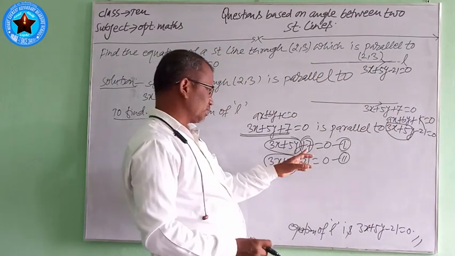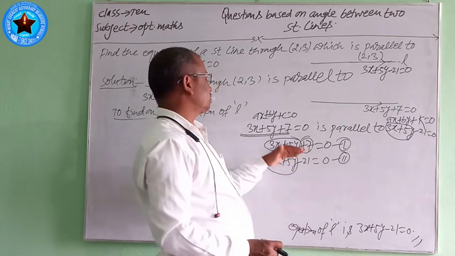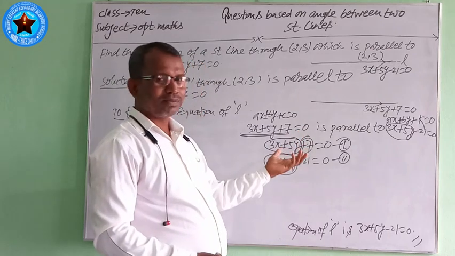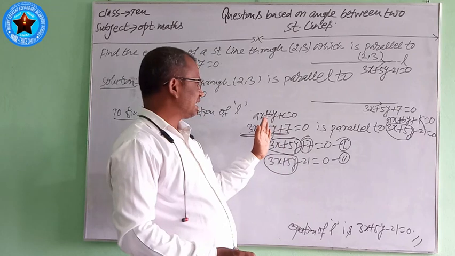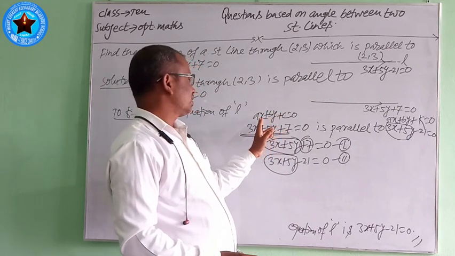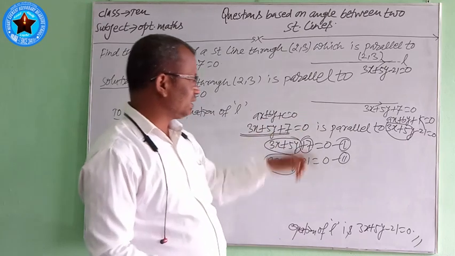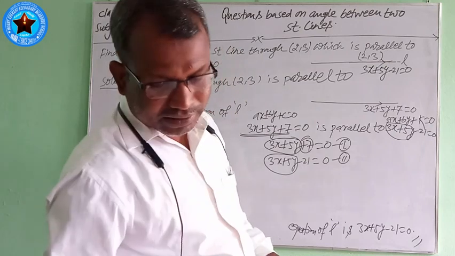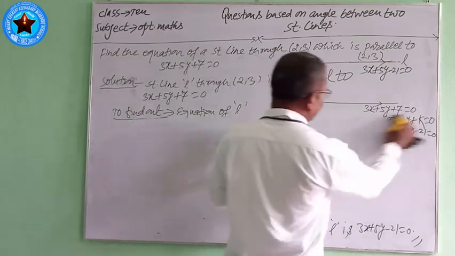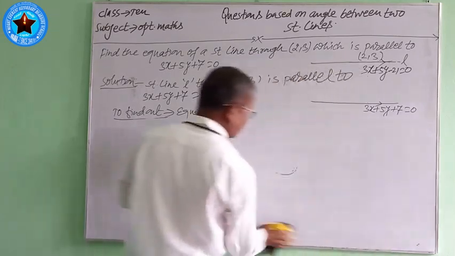As in these two equations, 7 and minus 21 are different, but the terms containing x and y are the same in both equations. So we can write that the equation of a line parallel to ax plus by plus c equals 0 is ax plus by plus k equals 0. Using this pattern also we can do it.